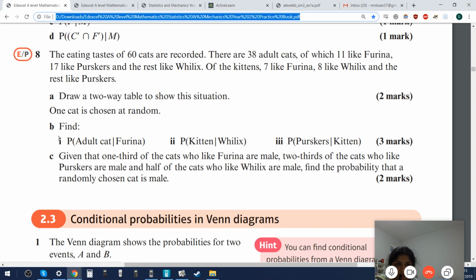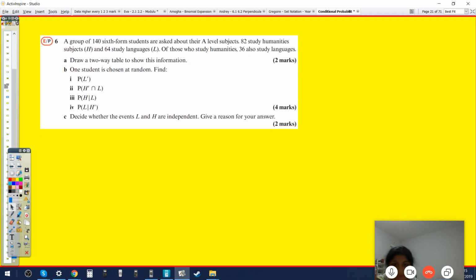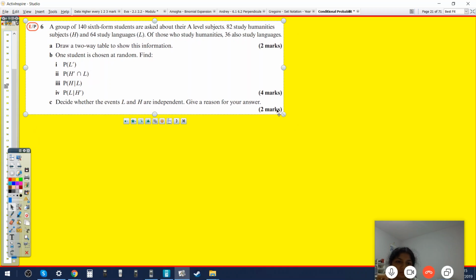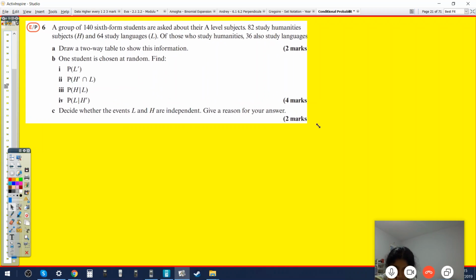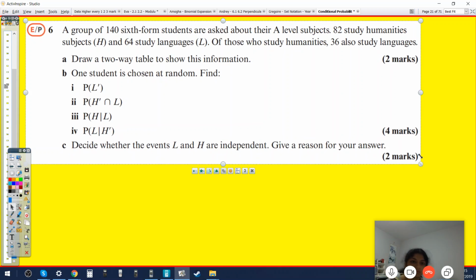That is question 8 of 2. Yes, okay. Just checking that I have all of them. 2A, a table to show this information. Probably not that. No, I think you're good for that.